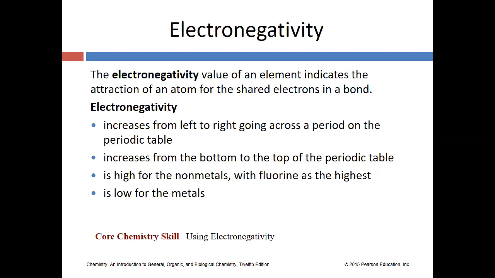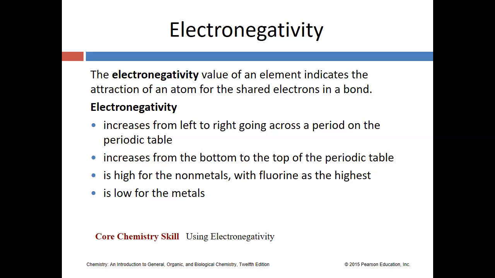Now, your book puts this kind of opposite of the way I usually think about it. As you go from the bottom of the table to the top, electronegativity increases as well. Another way of thinking about that is as you're going down the table, electronegativity goes down. So what that indicates is that we have two general trends taking place.